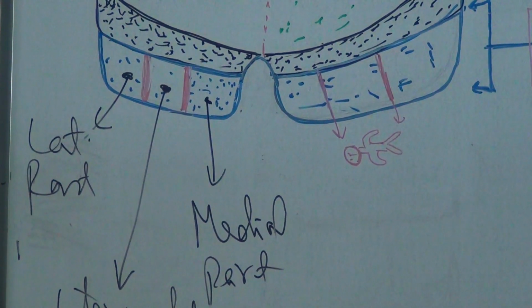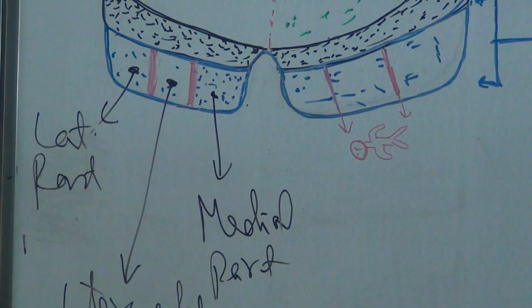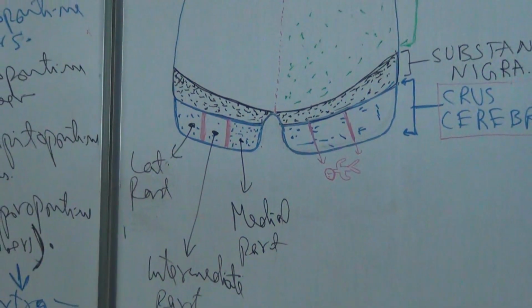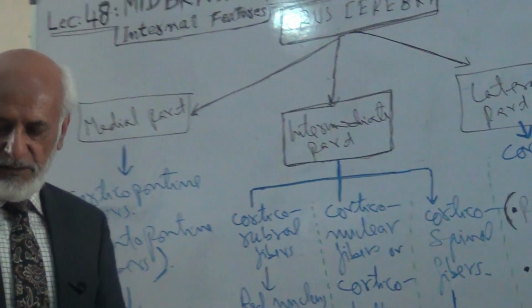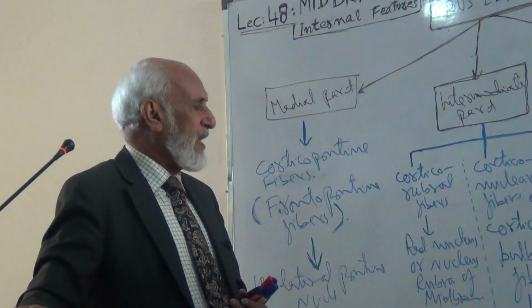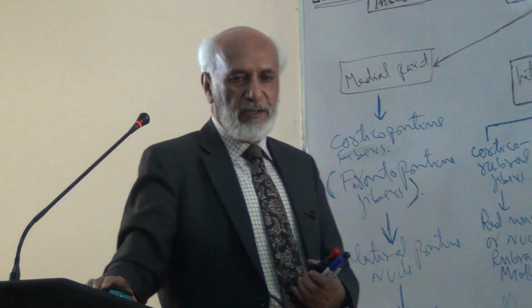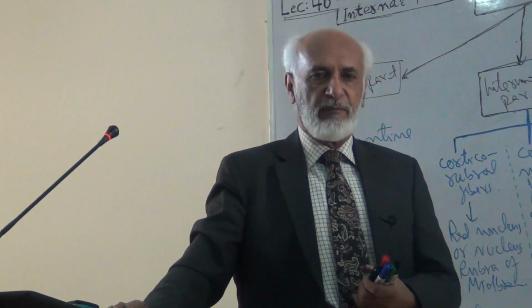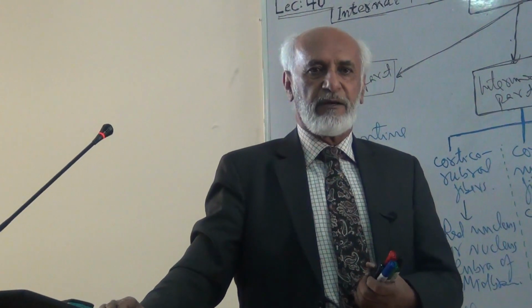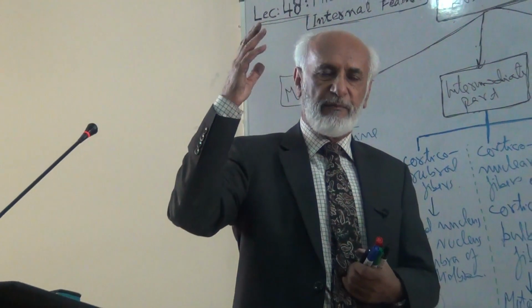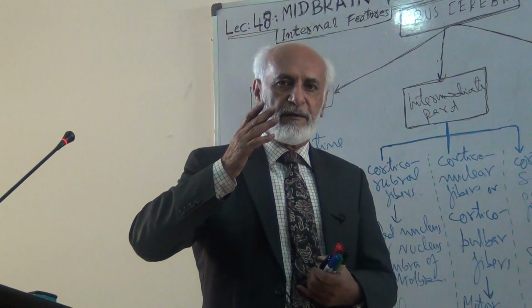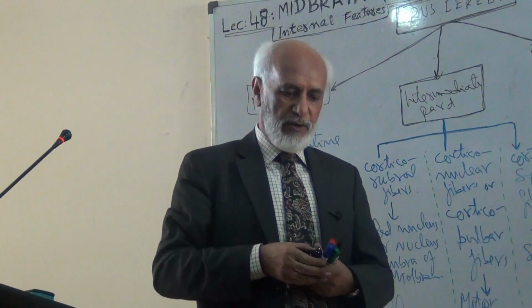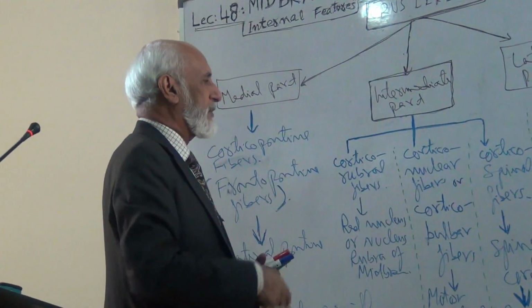So there is a specific arrangement of these tracts in the intermediate part, from medial to lateral side, which represent different body parts. So this was about the internal structure of the crus cerebri, and this structure remained throughout the length of the midbrain, from its upper end to the lower end. Whether it is the upper half of the midbrain or the lower half, same structure.